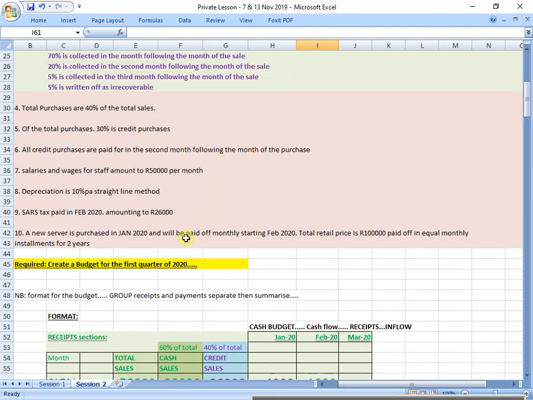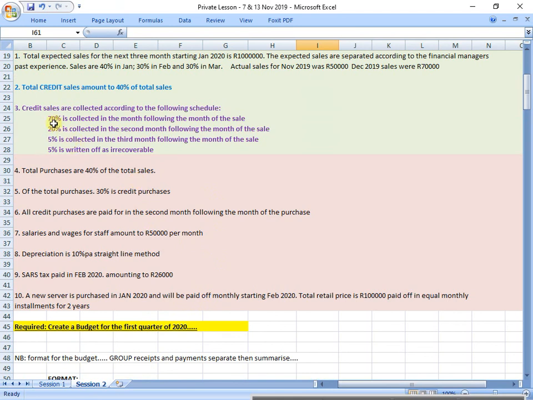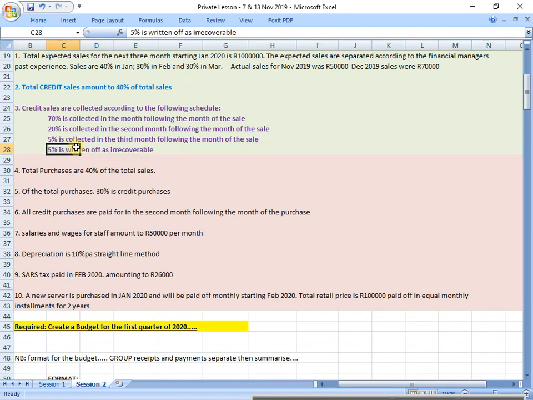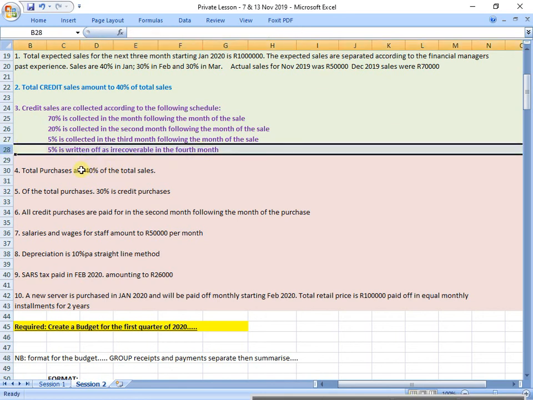So, have you looked at November now? Not quite. The last line. 5% is written off as irrecoverable. I should say after or in the 4th month. Let's be more specific. Is that a cash flow?